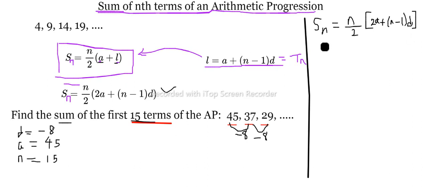We are looking for the sum of the 15th term. That is S15, where n is 15, so S15 will be 15 over 2 into (2 multiplied by a, which is 45, plus (15 minus 1) multiplied by minus 8).